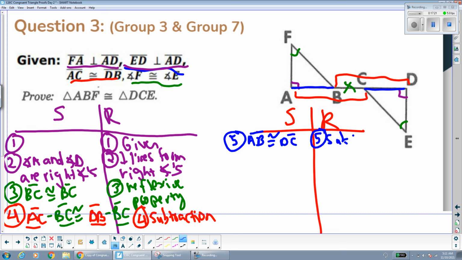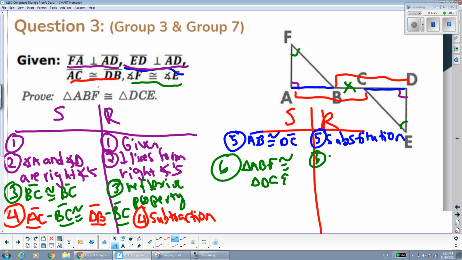That's substitution, we're replacing the subtraction with what it is. And remember, subtraction always follows addition or subtraction. Okay, now we have all the information that we need for angle, angle, side, angle, angle, side. So we can make the statement that the two triangles are congruent to each other by angle, angle, side.